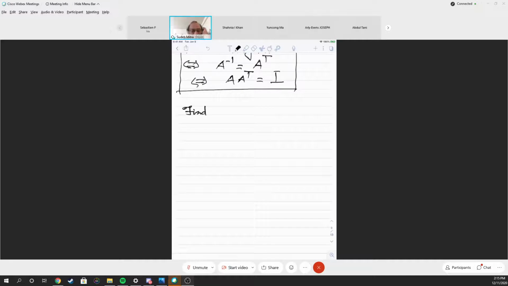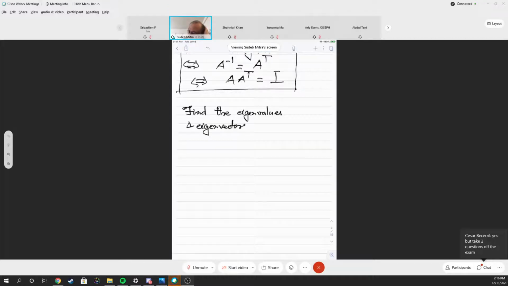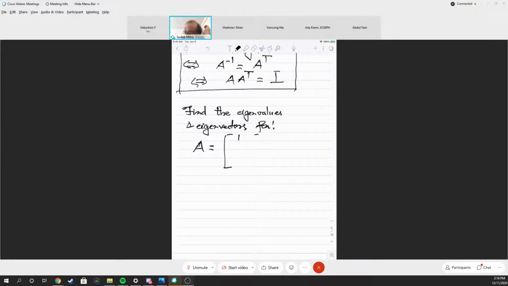I'm going to put a diagonalizing problem on the exam. Wait. That'll be extra points, I guess. No. Find the eigenvalues and eigenvectors for, and so let's take the matrix that I gave you on the second exam. So you will see the screen soon.